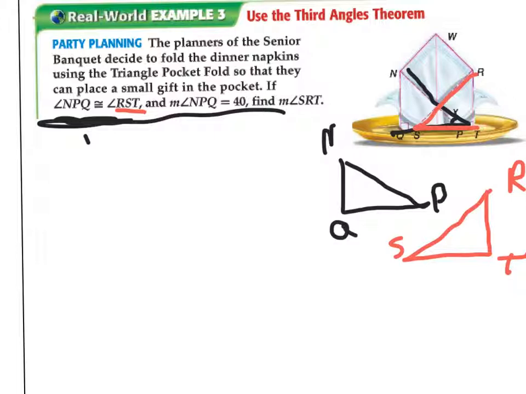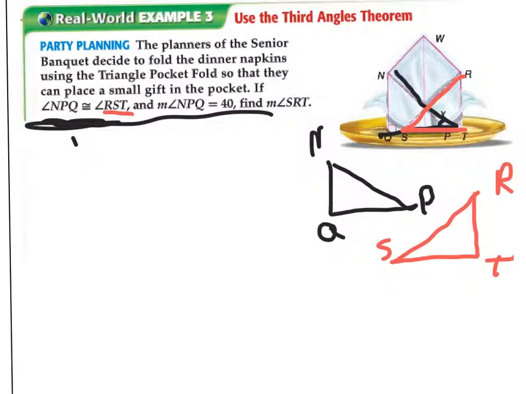I am going to do some erasing up here so that it's not working for my eraser. All right, well, let's continue on. NPQ is 40. Okay, so if NPQ is 40, this one right here is 40. The question is, what's SRT?